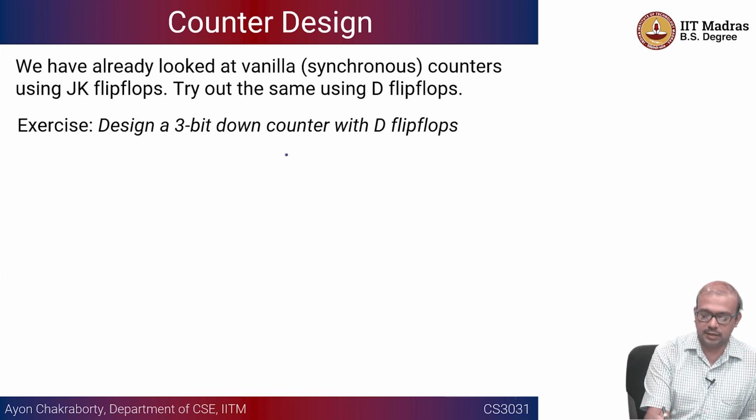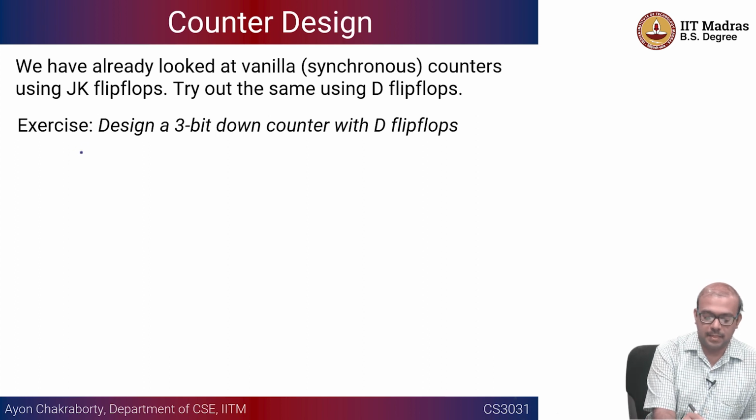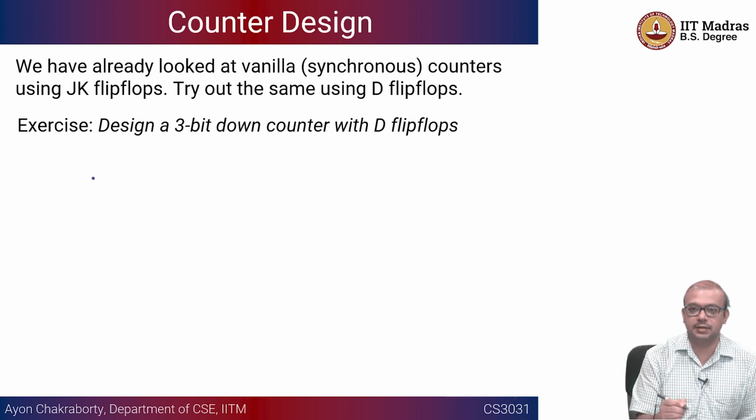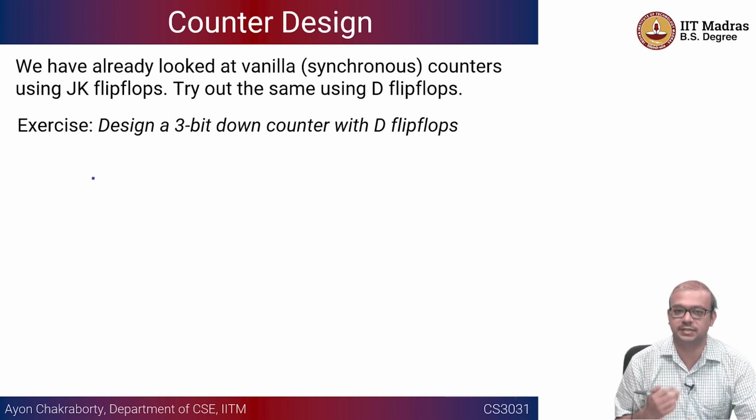So this is a 3-bit down counter. Let us see how to create a design for this kind of problem. As I told you, you should always start with an initial state, which is the first state, but at any point in time there is a concept of current state.